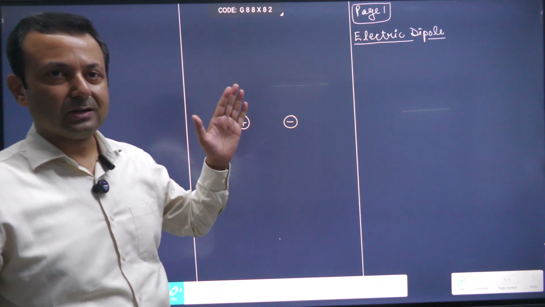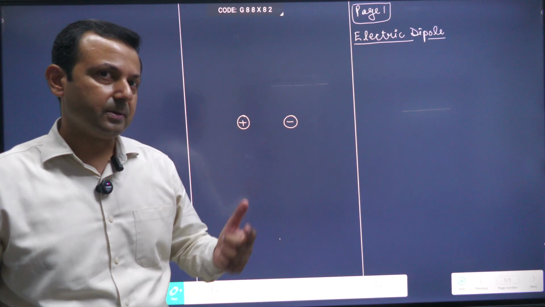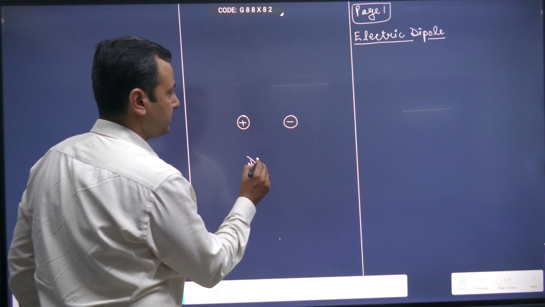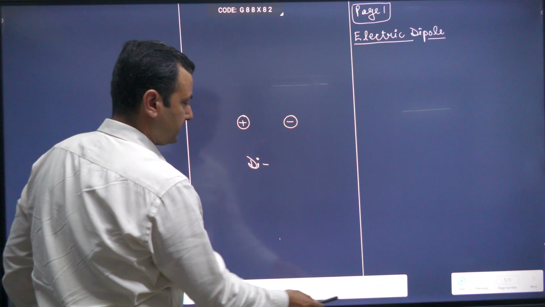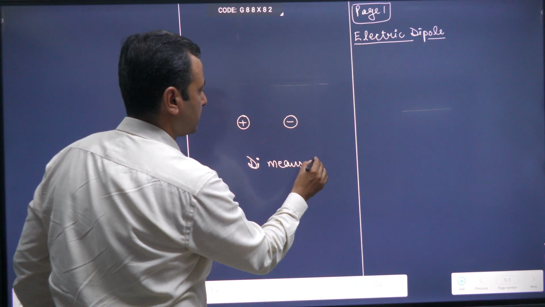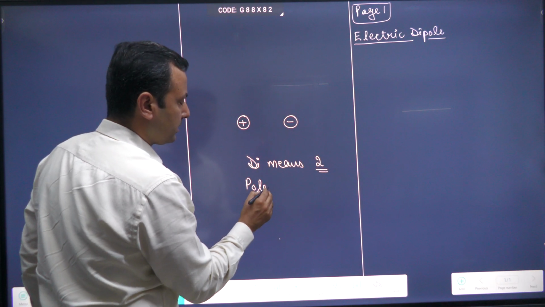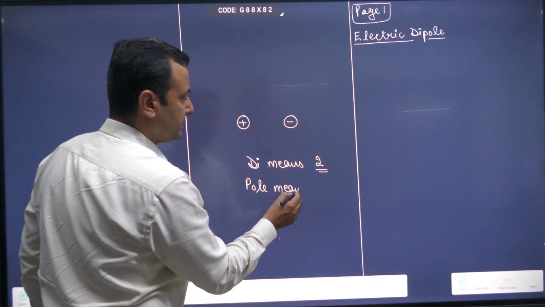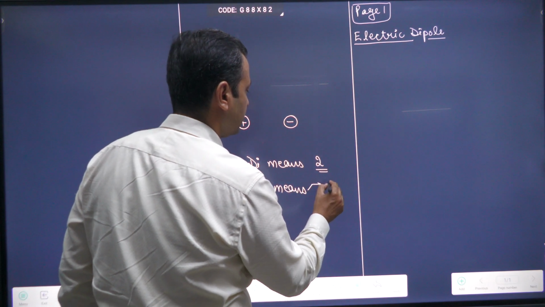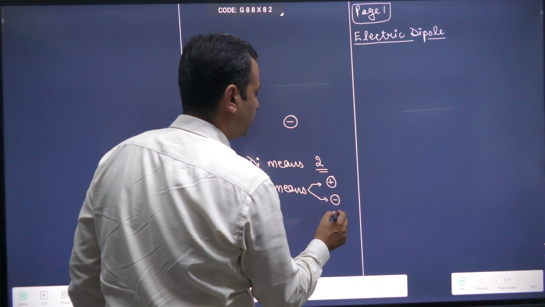Now, if we are talking about an electric dipole, "di" means two, and "pole" means whether it is a positive charge or a negative charge.